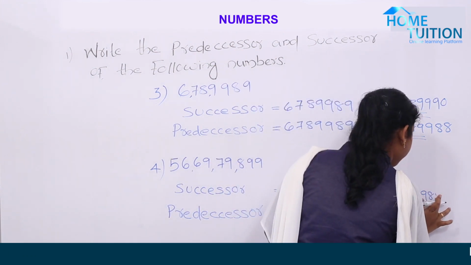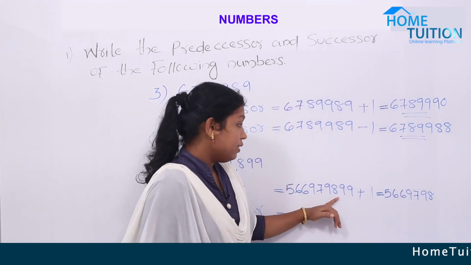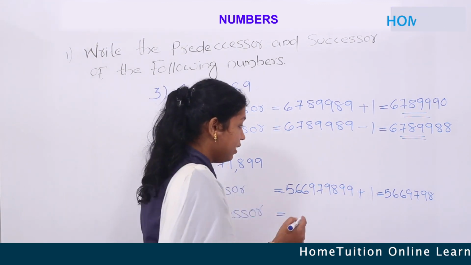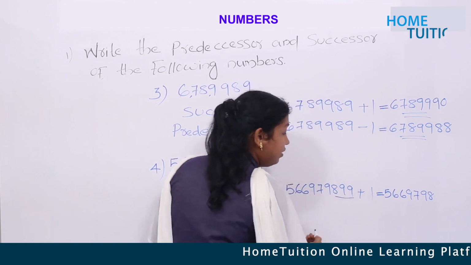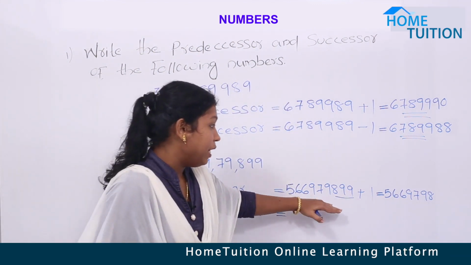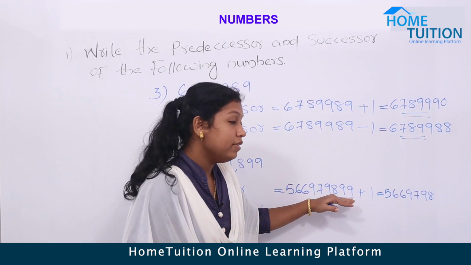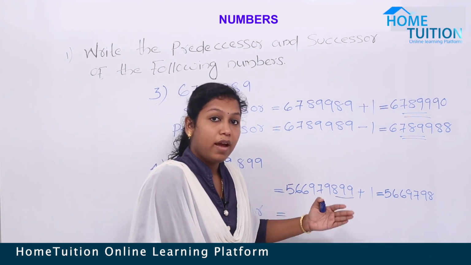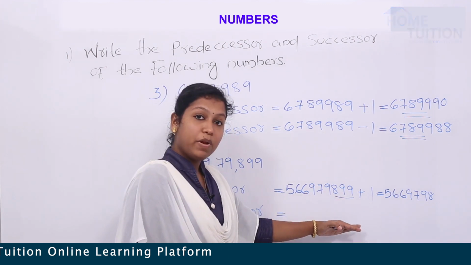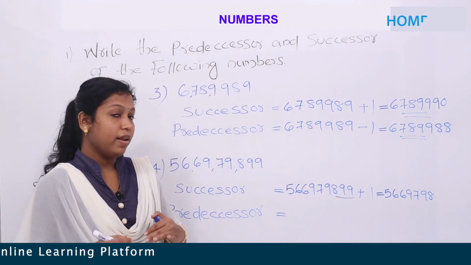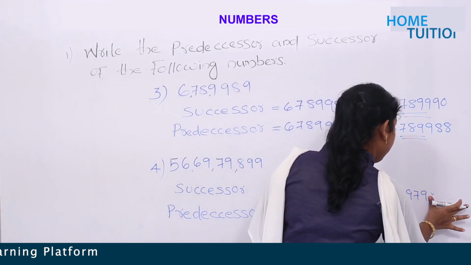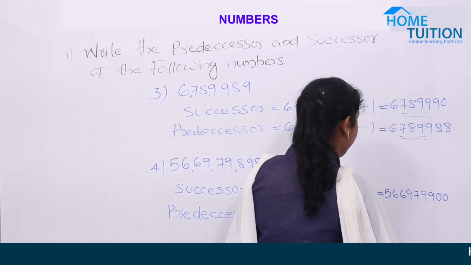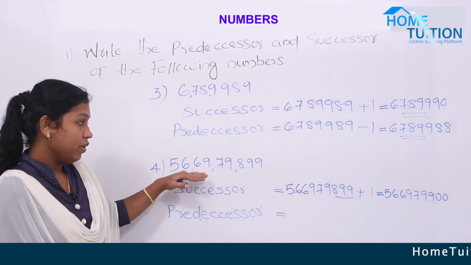Here the last number is 899. 899 plus 1, what do we get? 99 plus 1 is 100, so 899 plus 1 is 900. That is the successor of this number.